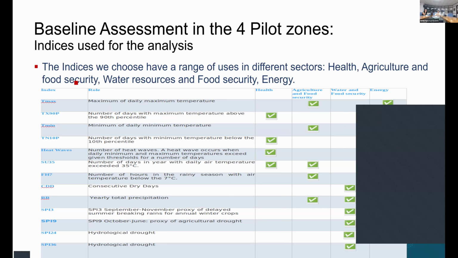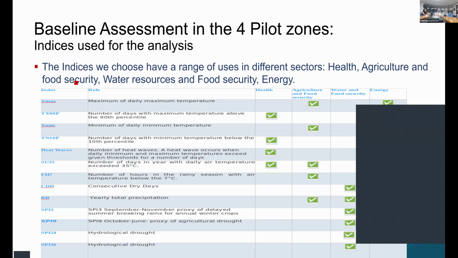These are highly relevant for health impacts, for example, the occurrence of heat waves and agricultural stress due to extreme temperatures. The number of days with minimum temperature below the 10th percentile is also chosen. It highlights the occurrence of cold spells, which can affect energy demand and heating requirements, for example.